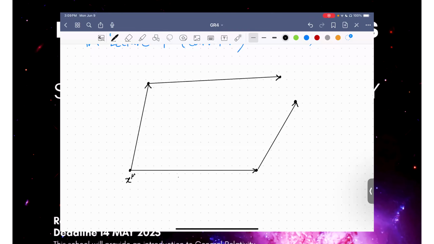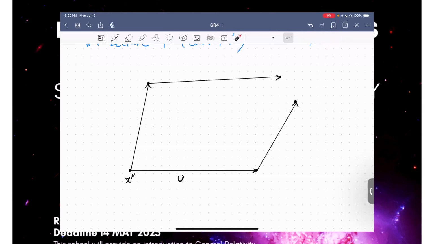And then this is going to be a vector u. We are going to think of u as really a vector field, so that there's a vector u at every point. So it's a vector field, okay? But I am really going to draw just this one located at x.